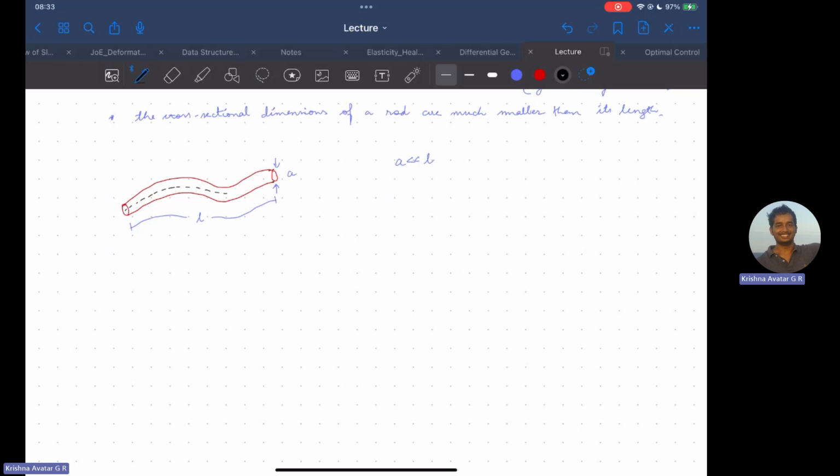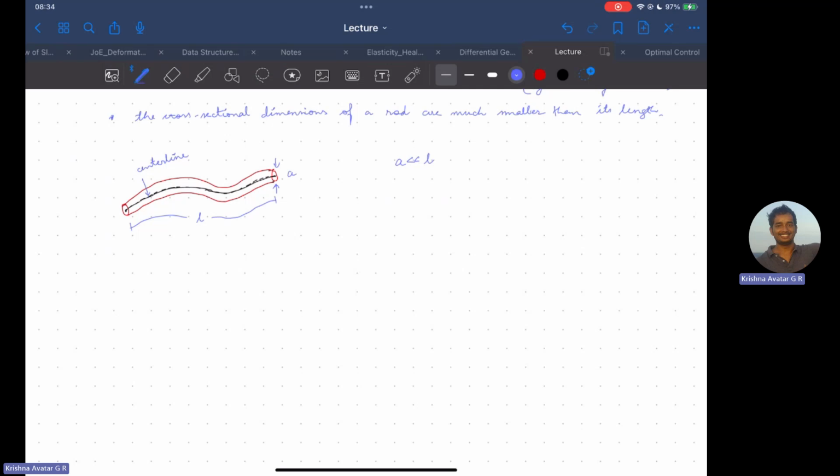This will be the locus of all the centroids. Maybe I'll color it, make it a solid curve. So this, as we recall, we call the center line.